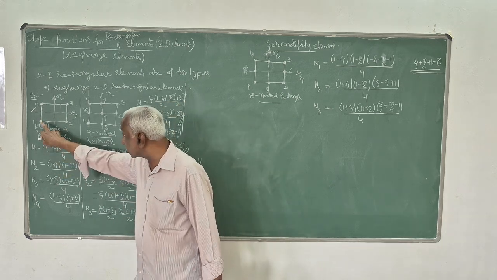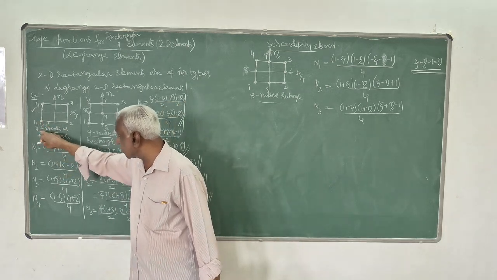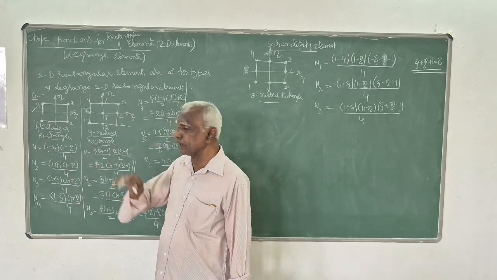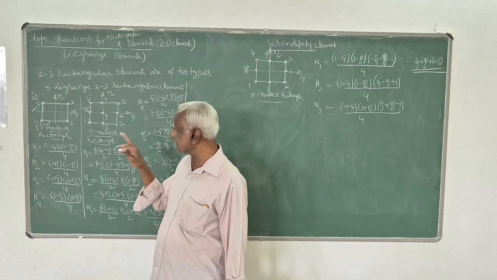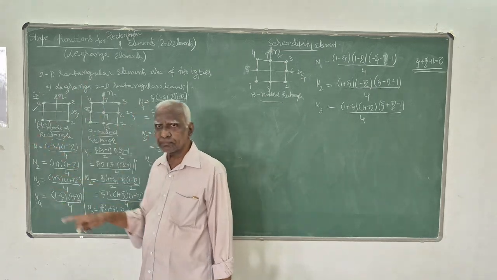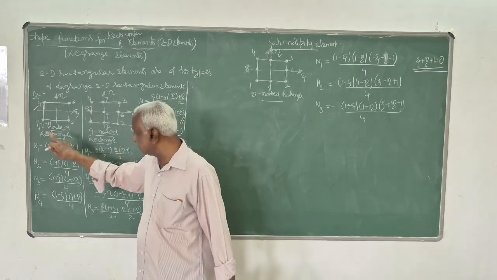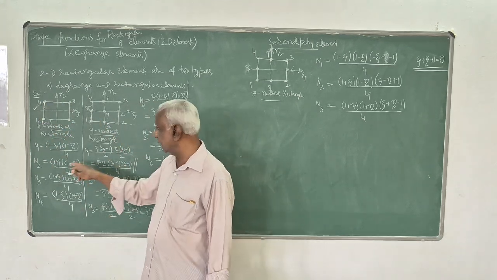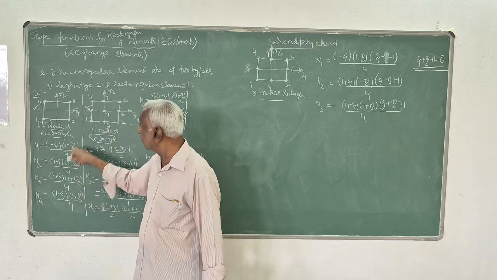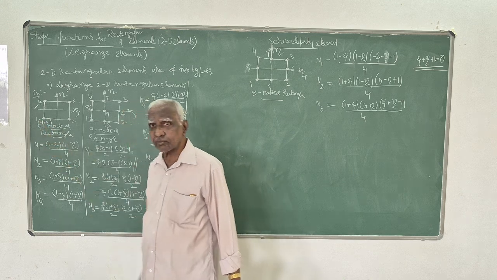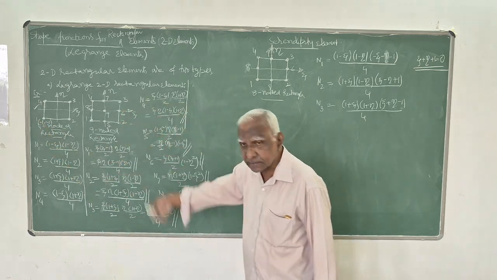And for the same node, if you substitute these coordinates in N2, N3, N4, you will find the value is 0. Because the shape function value will be 1 at its own node, and the value of that shape function at all other nodes will be 0. Similarly, the value of N2 at its node is 1, and at all other nodes it will be 0. That is a check for you.